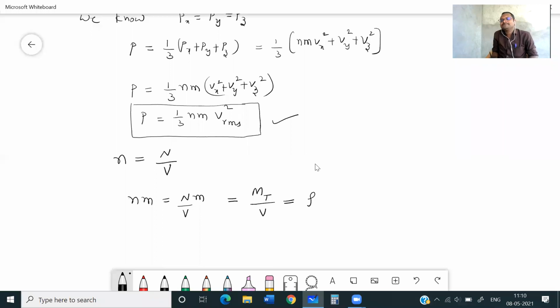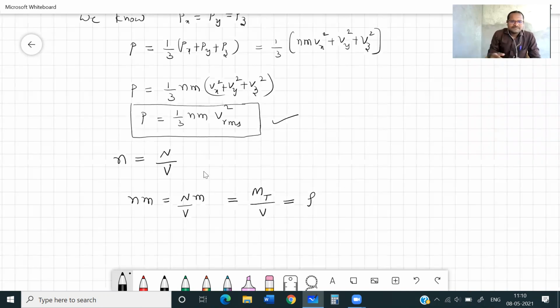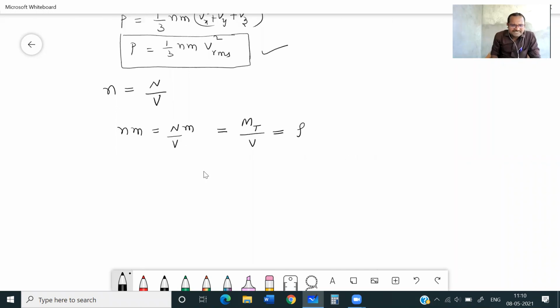That means pressure exerted by the gas can be written as 1 by 3 times rho Vrms square. Very important formula. You must remember this formula.